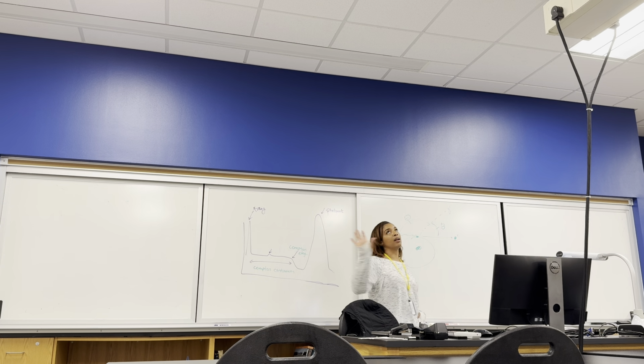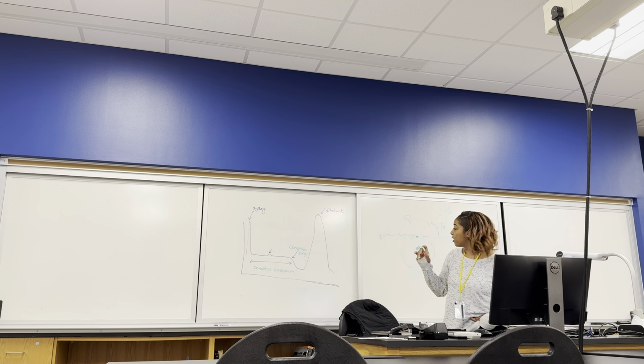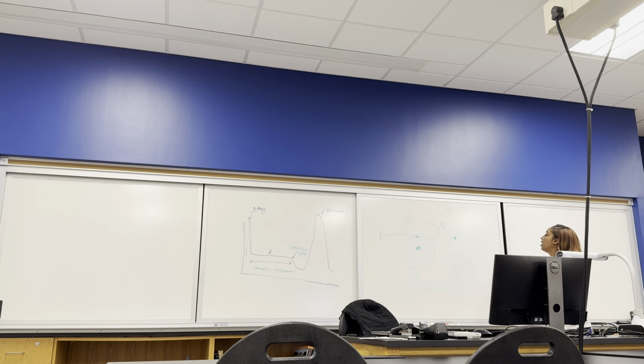Actually, no, that's not a backscatter. A backscatter peak is what happens when you have a photon. So here's your detector. It can be your eyeball, it can be your skin, whatever. So you have some sort of photon that's interacted with matter, and now the scattered photon reaches the detector, which would be represented here.